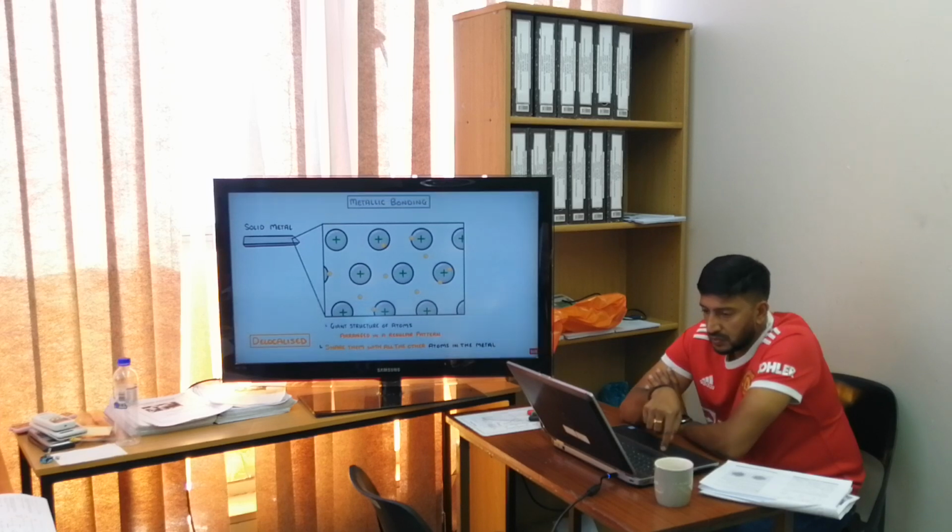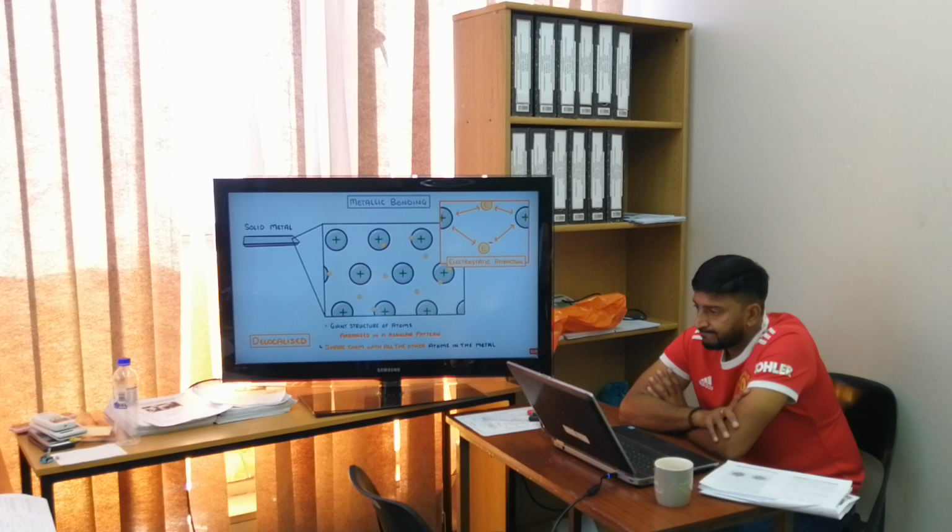So there will now be loads of strong electrostatic attraction between the positive ions and the negative electrons. It's these forces of attraction which hold everything together in a regular structure, so we call this metallic bonding. This gives the overall metal strength and means that most metallic structures have high melting and boiling points, so are solid at room temperature.